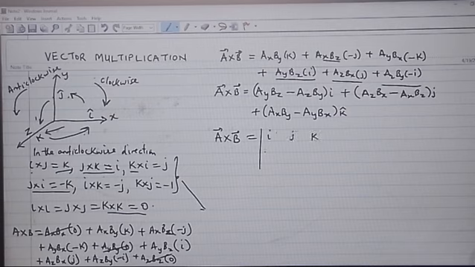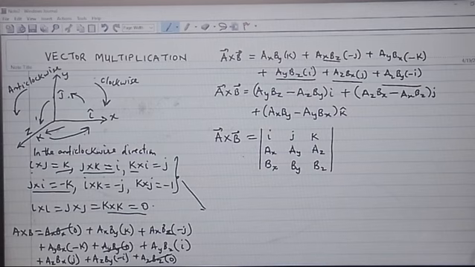We say AX, AY, AZ, BX, BY, BZ. We will now find the determinant of this matrix. The determinant of this matrix gives us the exact expression for the cross product between two vectors. You see how easy it is to use the matrix notation.